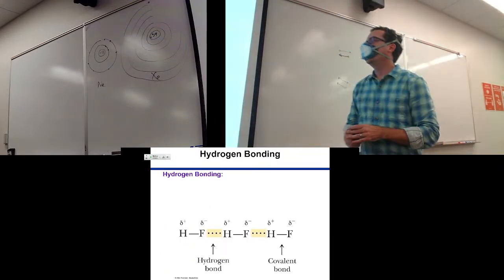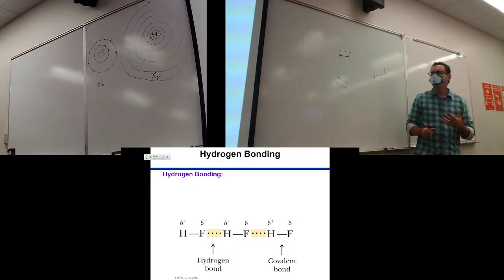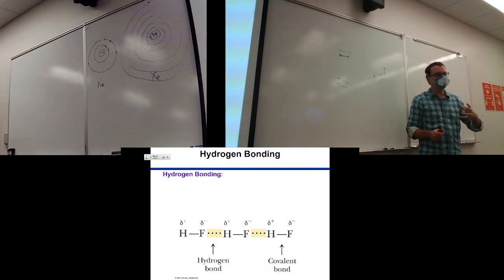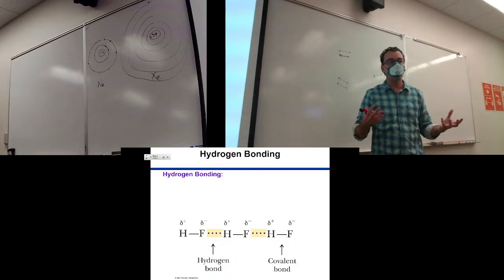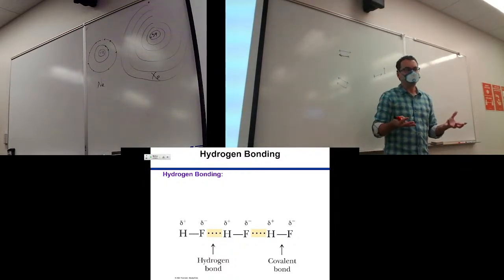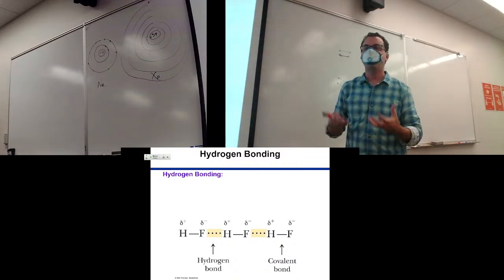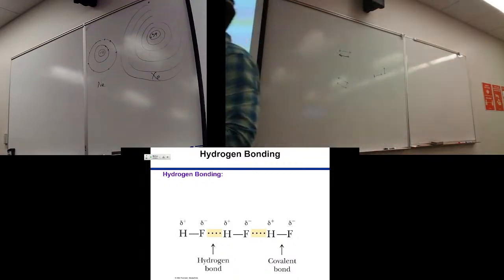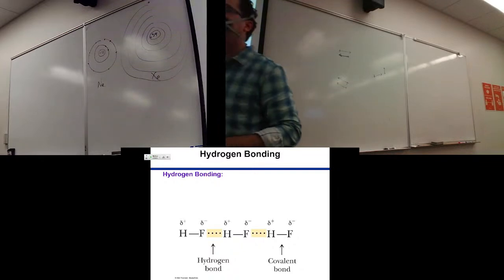And so instead of calling the interaction between molecules that have these H-F or H-O or H-N bonds simple dipole-dipole interactions, which they are, we're going to categorize them as a special kind of interaction, and that interaction is called a hydrogen bond.